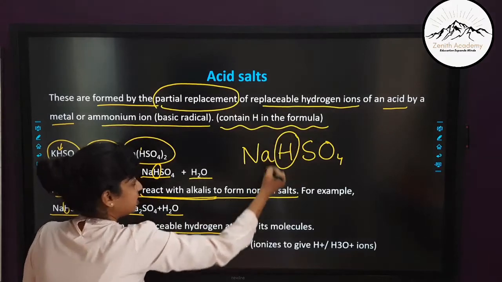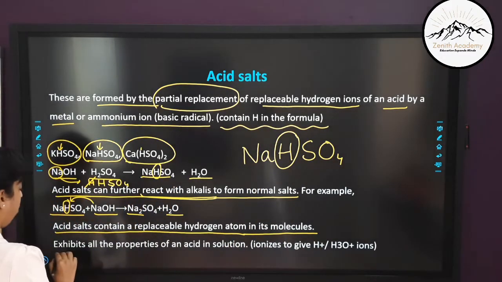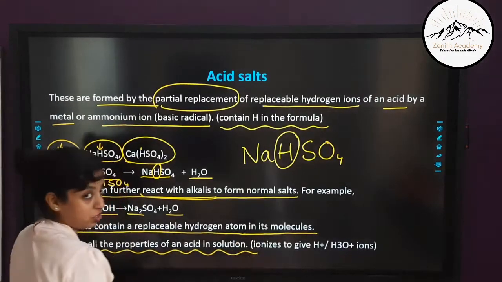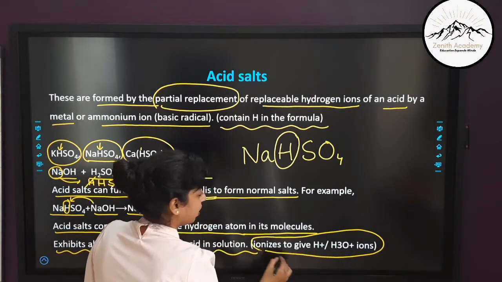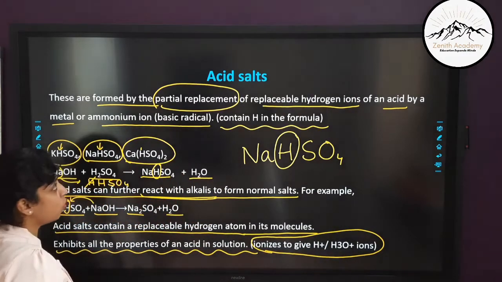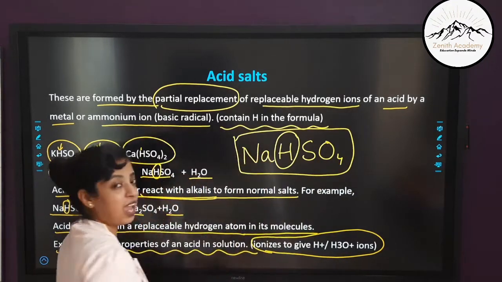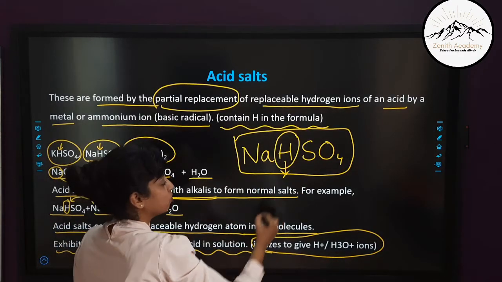Now acid salts contain a replaceable hydrogen atom in the molecule. Therefore, they exhibit all the properties of an acid in a solution. That is, it ionizes to give H plus or H3O plus ions. Basically, acid salts behave like an acid in the solution because they have one replaceable hydrogen.